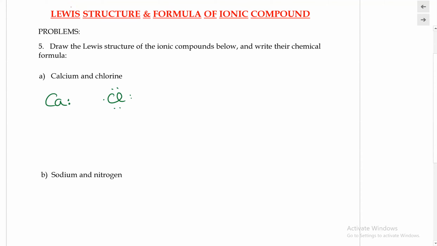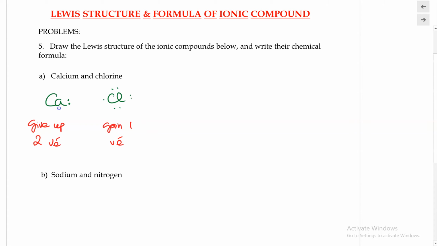We will then see that calcium is a metal and has 2 valence electrons. It needs to give away 2 electrons to achieve an octet of electrons. So calcium would like to give up 2 valence electrons. As for chlorine, right now it has 7 valence electrons, so it would like to gain 1 valence electron.